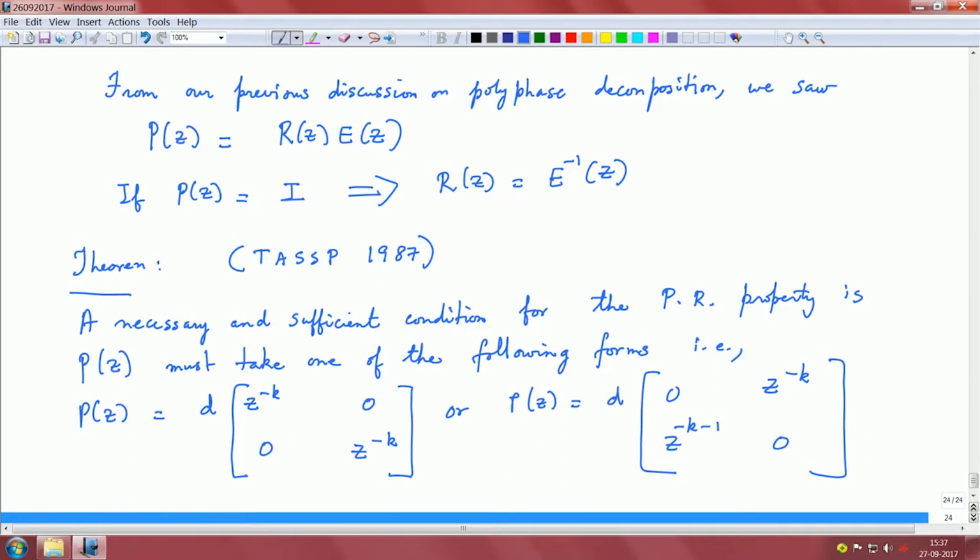The proof is given in the paper that you can refer to, and I will leave this as an exercise.